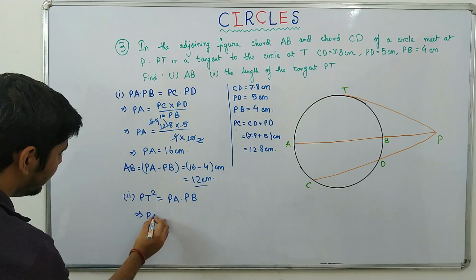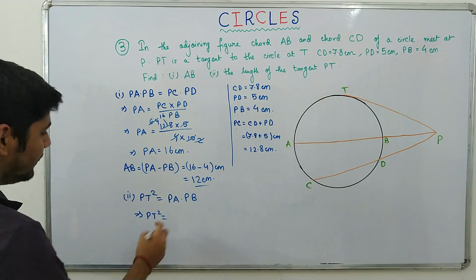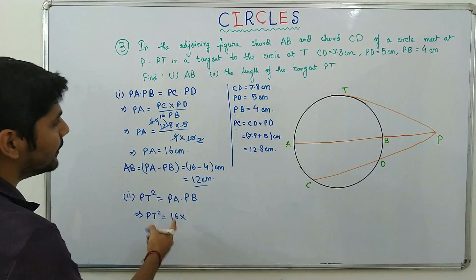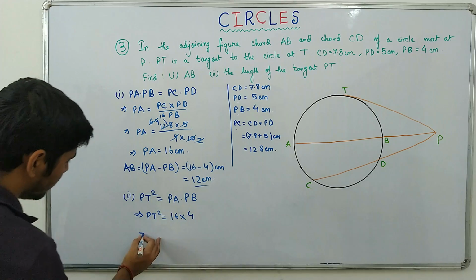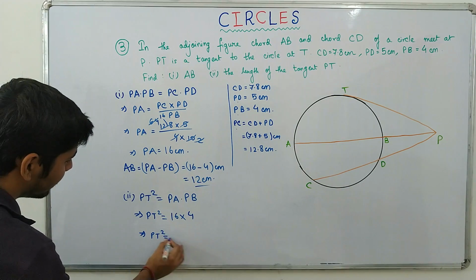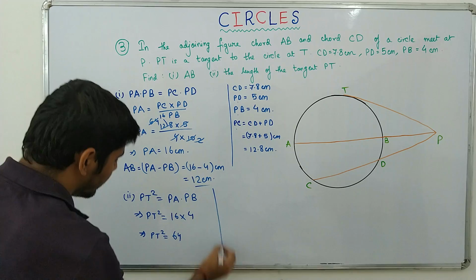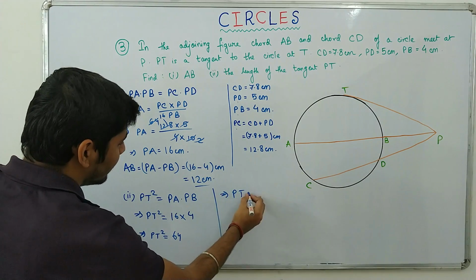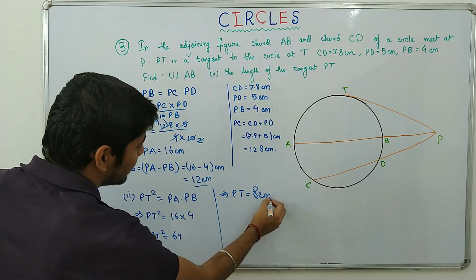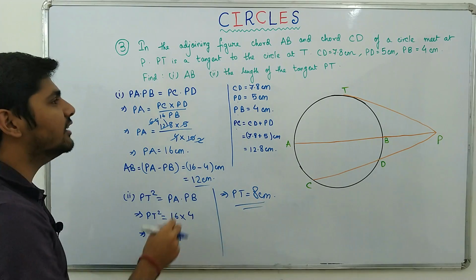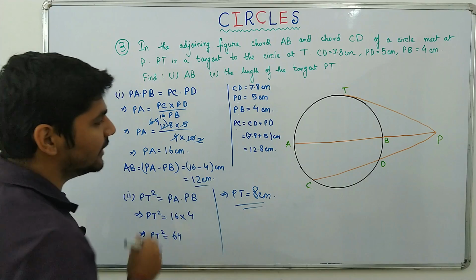So we get PT square is equal to PA, that's 16, into PB, that's 4. So PT square is equal to 64. Therefore PT is equal to 8 centimeter. So we get the length of the tangent PT as 8 centimeter.